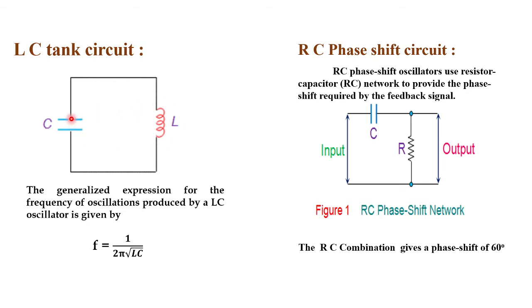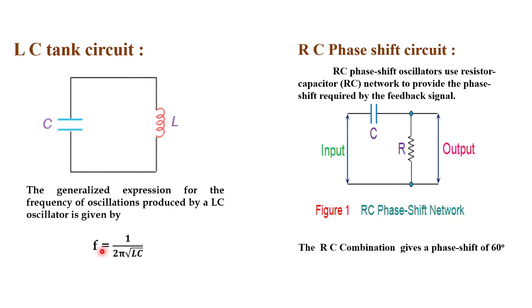This charging and discharging of the capacitor will oscillate the current in this circuit, because the inductor opposes the changing current. These are the oscillations obtained by the oscillators.